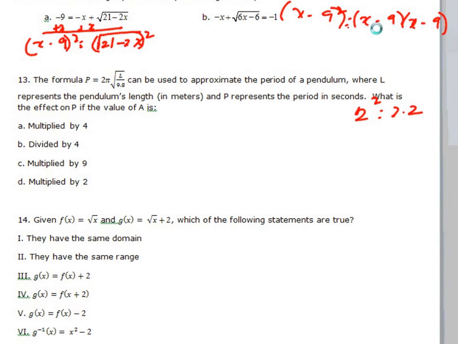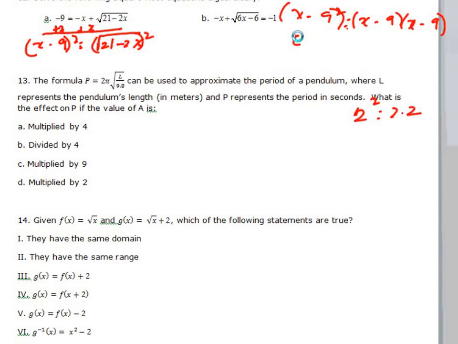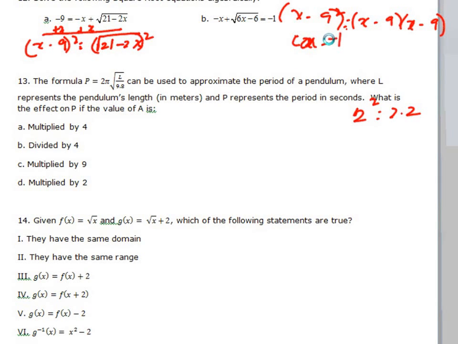You use your FOIL or distributive method or the box method to figure this out. I choose to use the formula a minus b whole squared. It's always good to use these formulas because they are very easy when you get used to them. You really appreciate it. So a minus b squared is a squared minus 2ab plus b squared.